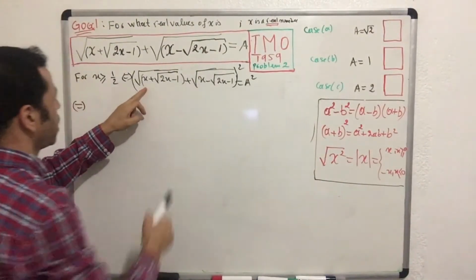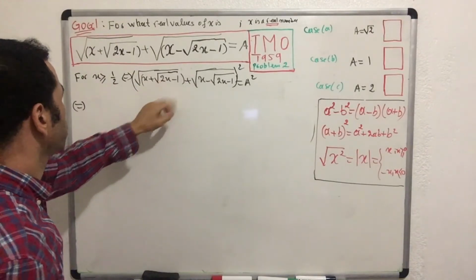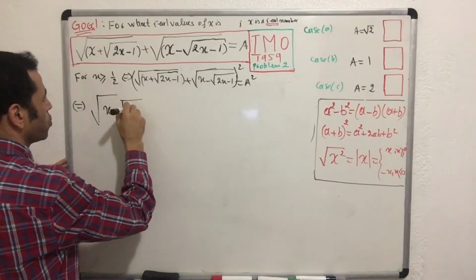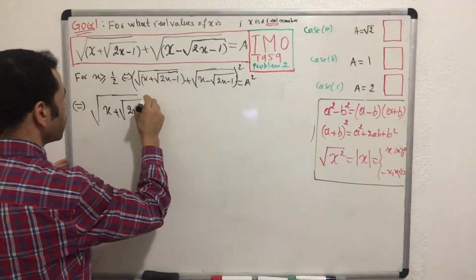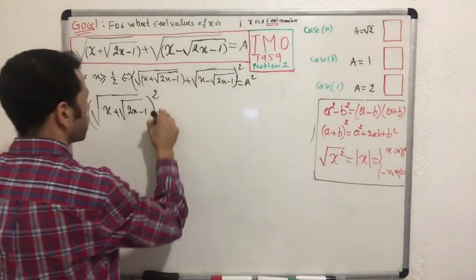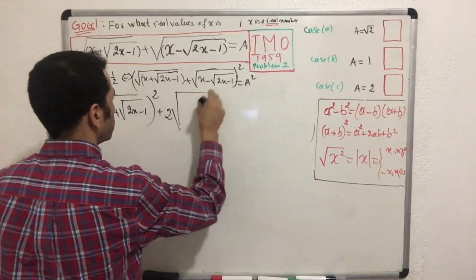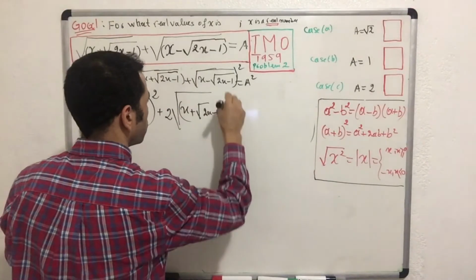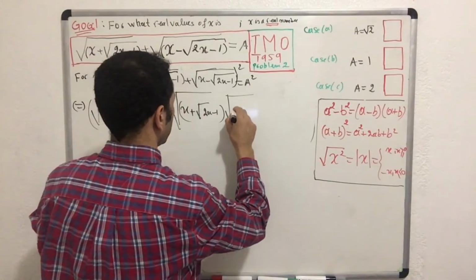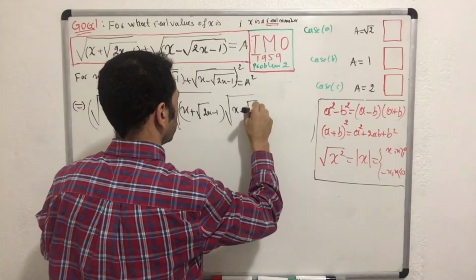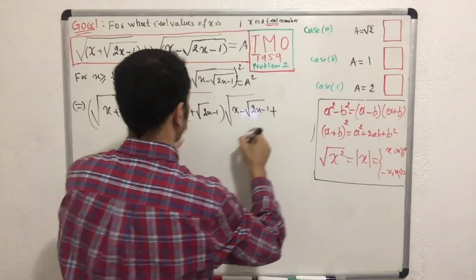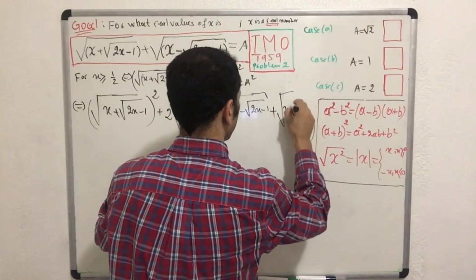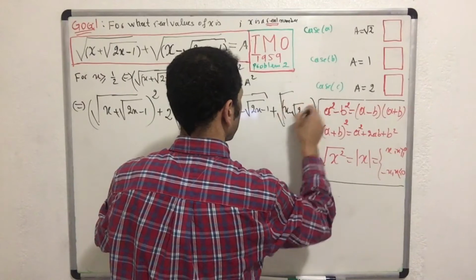This one is a, which is square root of x plus square root of 2x minus 1, so x plus square root of 2x minus 1 squared, plus 2 times x plus square root of 2x minus 1 multiplied by another square root, which is x minus square root of 2x minus 1, plus the last term, which is x minus square root of 2x minus 1 squared.